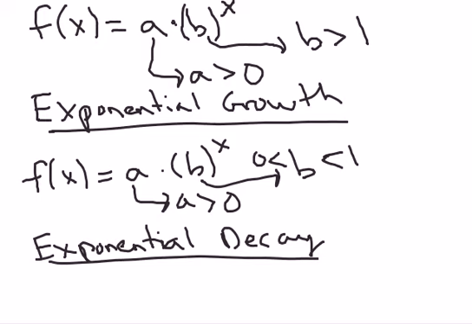And so what we're going to do is we're going to actually use these two models to demonstrate some different word problems that have some applications for exponential growth and decay. So let's go ahead and get started. So I'm just going to go ahead and rewrite some of these definitions with a little bit of a different format. So I'm going to say exponential growth.